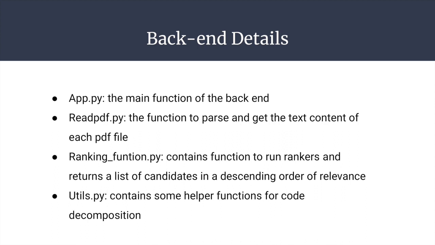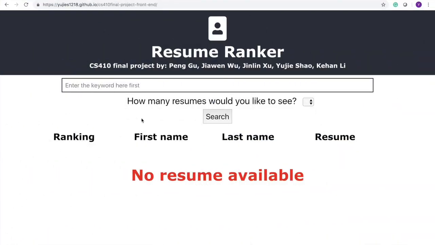That's it for the PPT, and next we'll show you the demo of our project. So firstly, I will start demoing our front-end web page for our final project. Here the user can enter the keywords they would like to search, as well as filter how many resumes they would like to view.